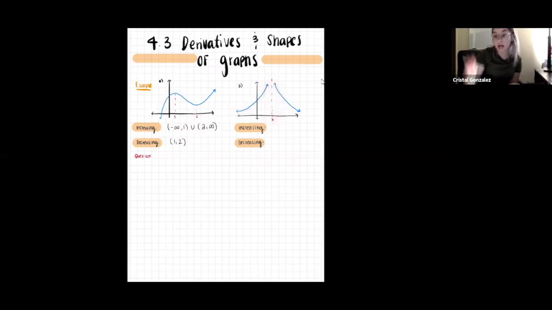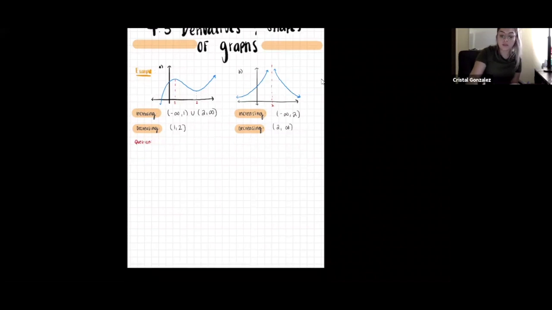Not around, but actually at 2, I have a vertical asymptote. Then I start decreasing. So that tells me that my interval of increasing is from negative infinity to 2. And then I'm decreasing from 2 to infinity.